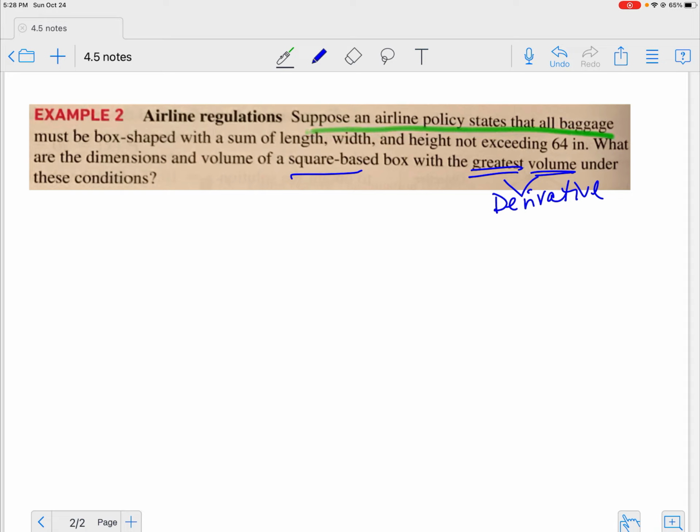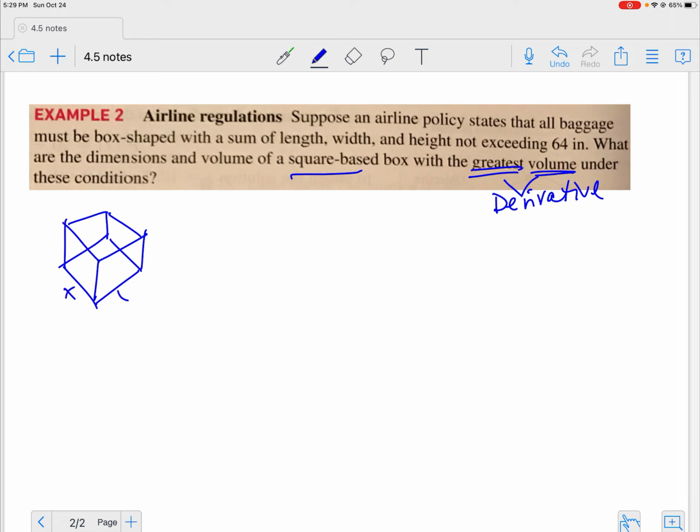Suppose an airline policy states that this must be box-shaped. The sum, what does sum mean? Add them up, right? Is not to exceed 64 inches. What are the dimensions and volume of a square-based box? That's important, because as I make my box here, an artist I am not. That was not as bad.